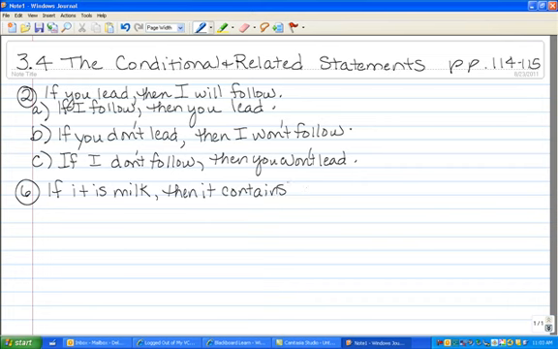All right, so we want the converse. That would be, if it contains calcium, then it is milk. So we're switching the order.